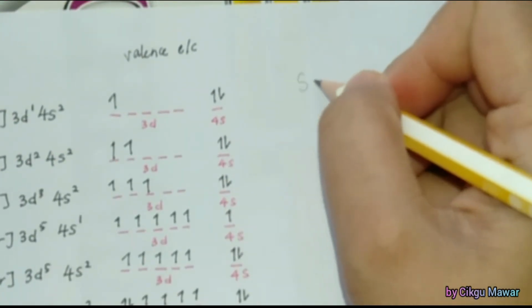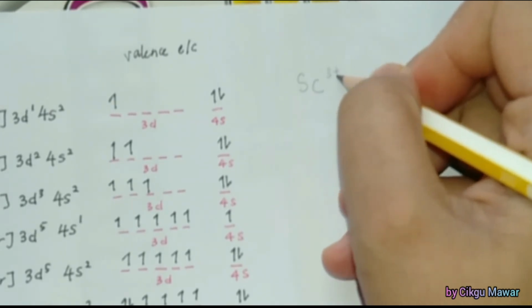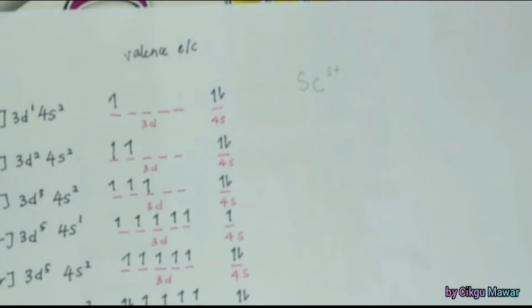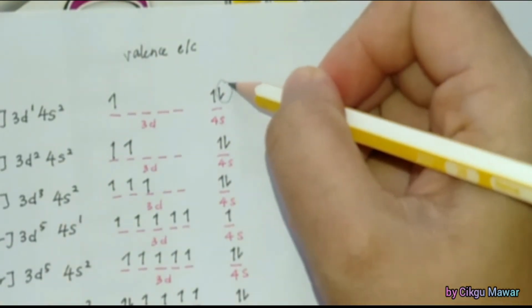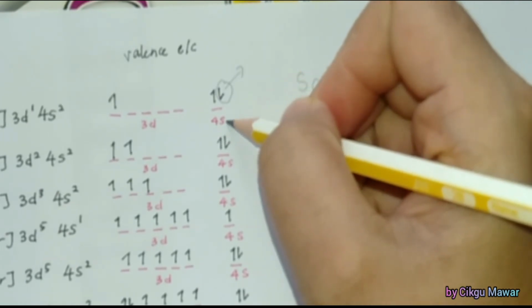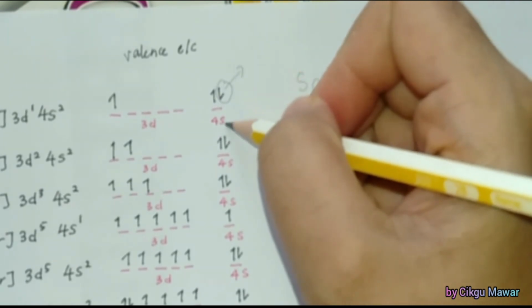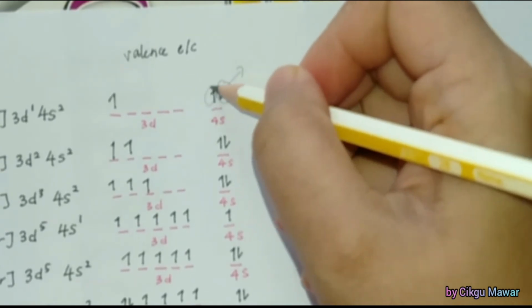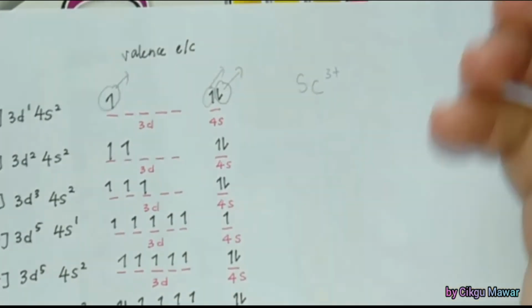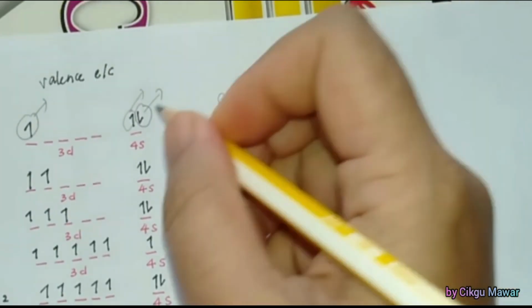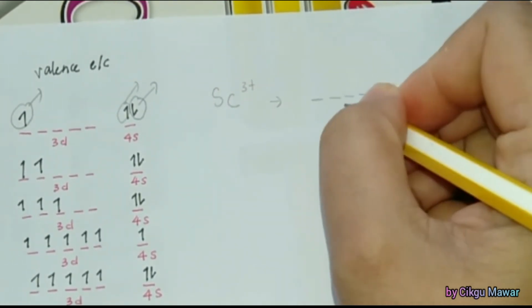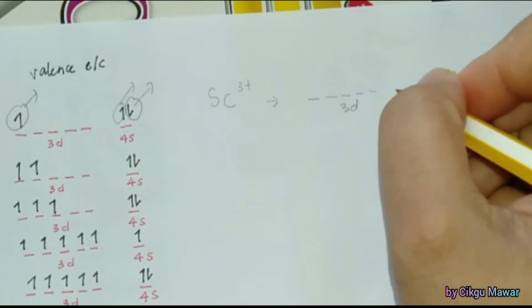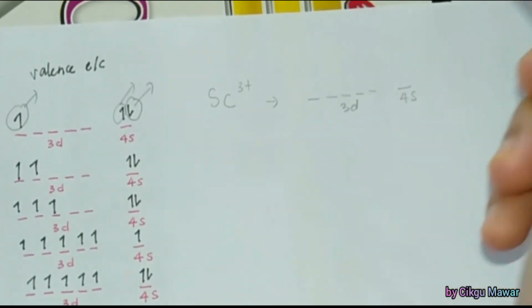When scandium forms the scandium ion, scandium 3+, it will remove 3 outer electrons. First it removes the outer ones, the electrons in the 4s orbital, so 1, 2, and 3 are removed. Finally, for scandium 3+, it is left as 3d0 and also 4s0.